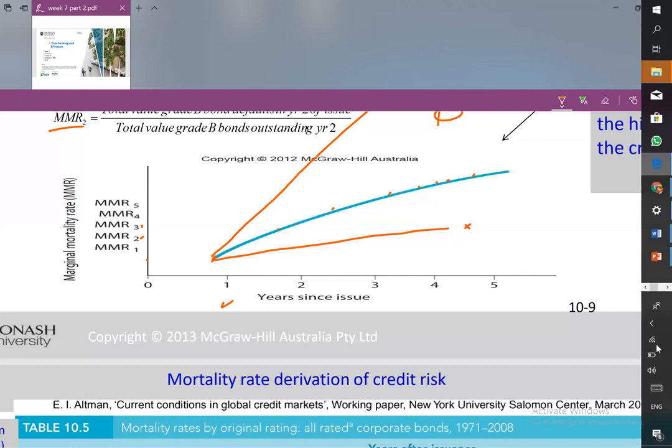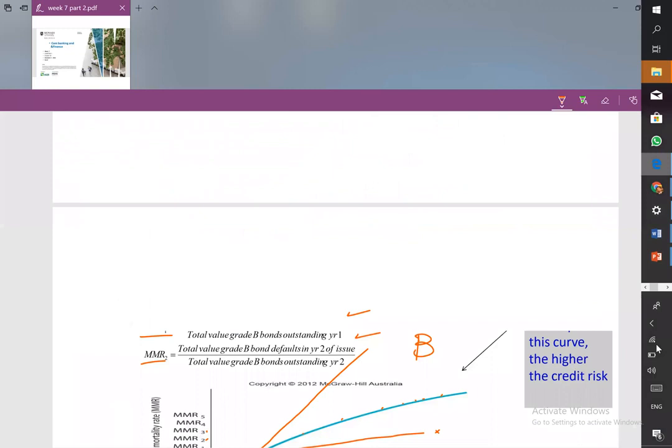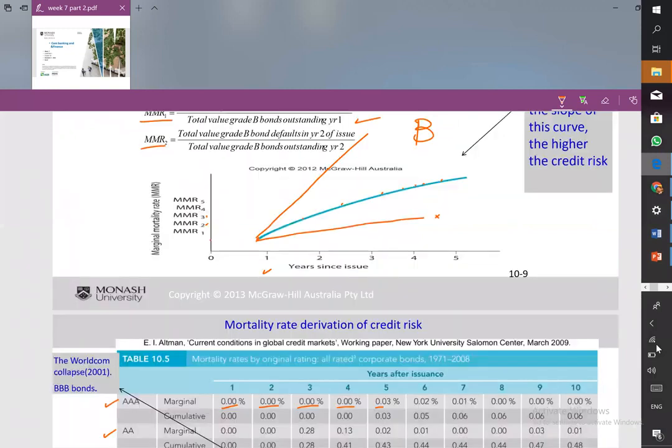They give data from the US and show you, for example, this is AAA, all these issues of bonds. You can see, for example, AAA has no defaulting in the third year or fourth year. So this line will be just here, maybe.